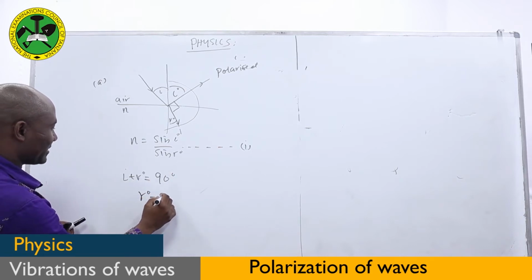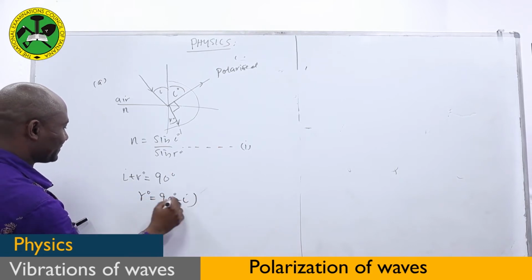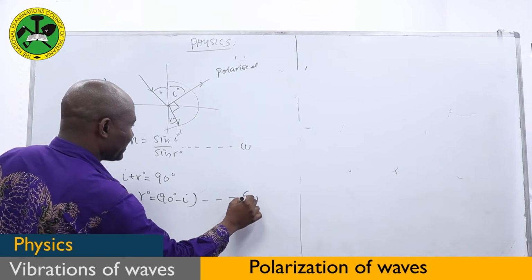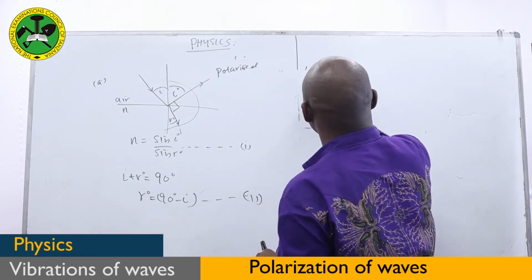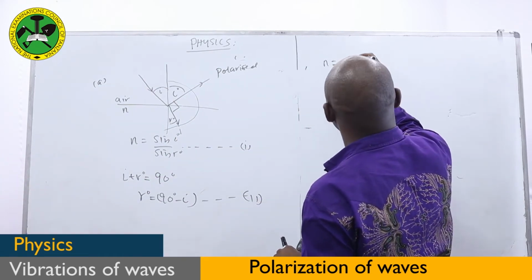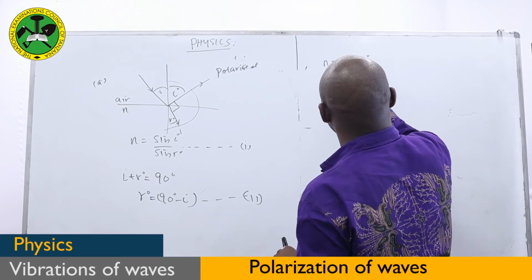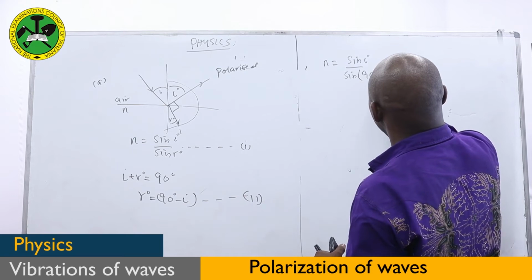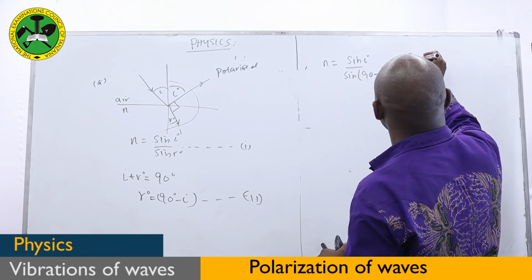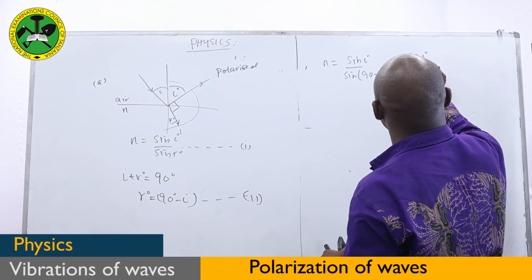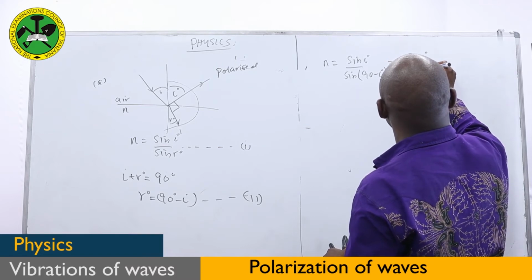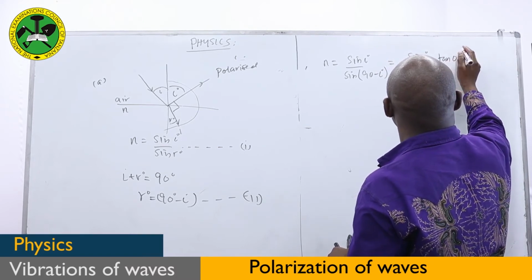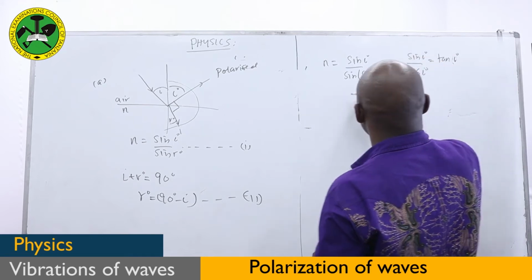From here it is 90 minus I. If you substitute in the formula, you have N equals sine I over sine of 90 minus I. In mathematics, this is sine I over cos I, which is tan of the angle I.